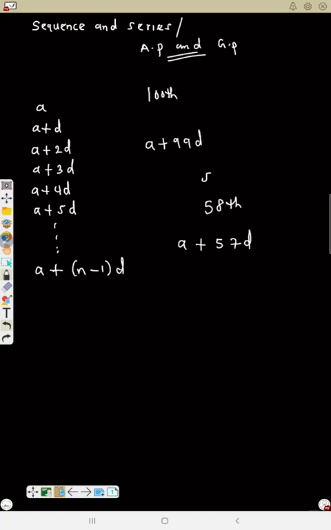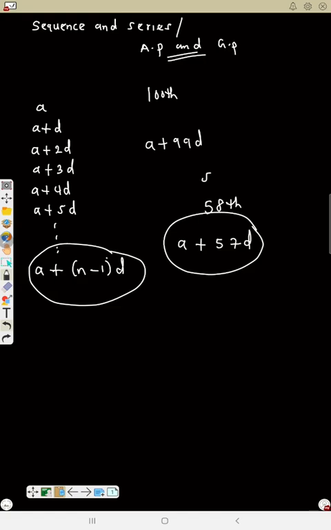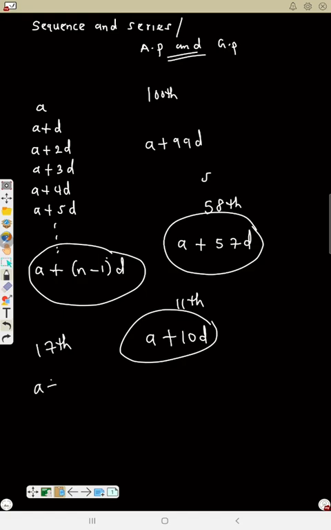So you just remove 1 there. You should be able to write the term even without the formula. What is the 11th term? The 11th term will be a plus 10d. So you'll be removing 1 like that. What of the 17th term? It will be a plus 16d.